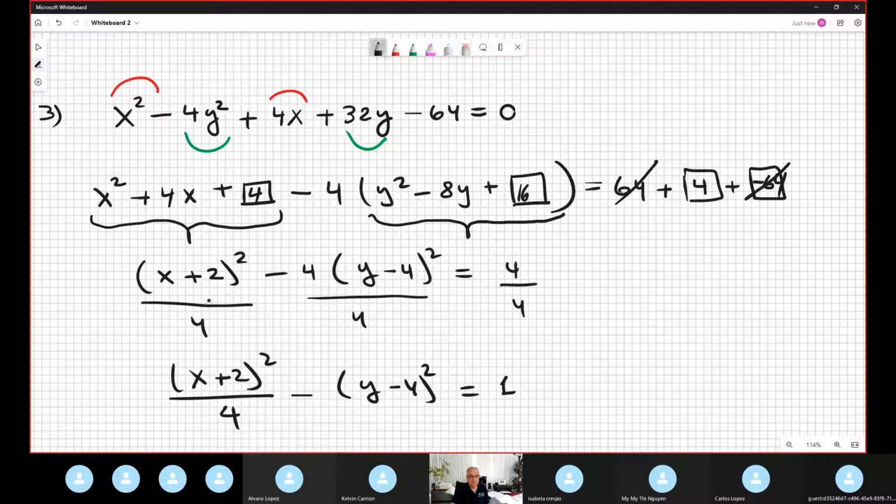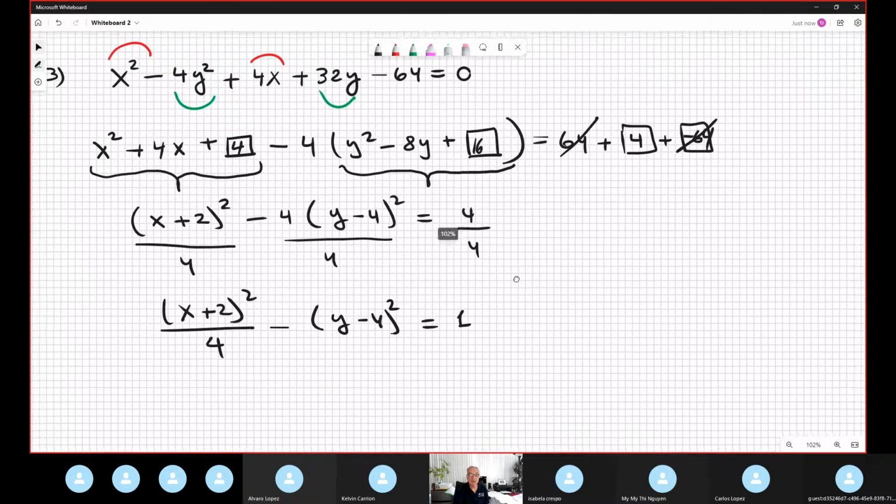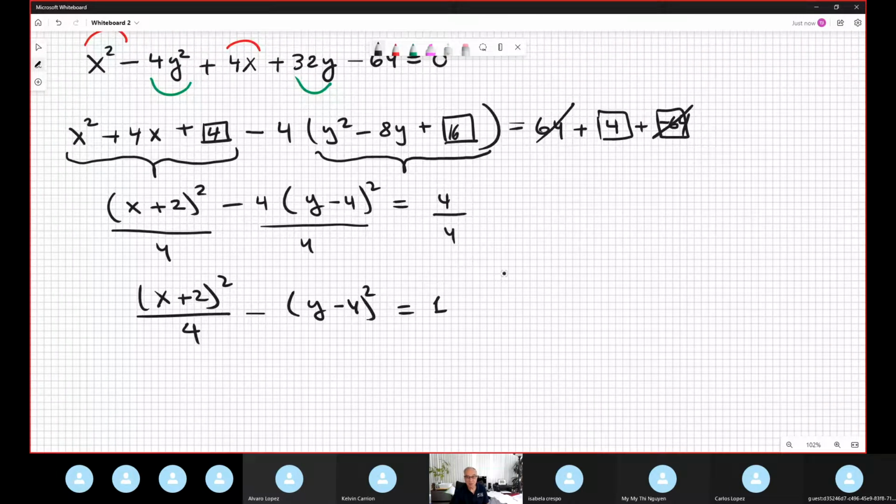Okay? Now you can see the center. Who helped me define the center of this hyperbola? Let's look at the center of this hyperbola. Who is A squared and who is B squared in this equation?